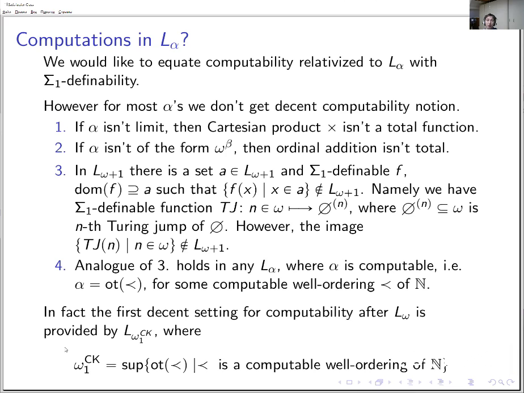First of all, if your ordinal is not a limit ordinal, it's a complete mess. For example, given two sets, it's not always the case that the Cartesian product of the sets will be in L alpha. So if alpha is not a limit, it would be really bad.